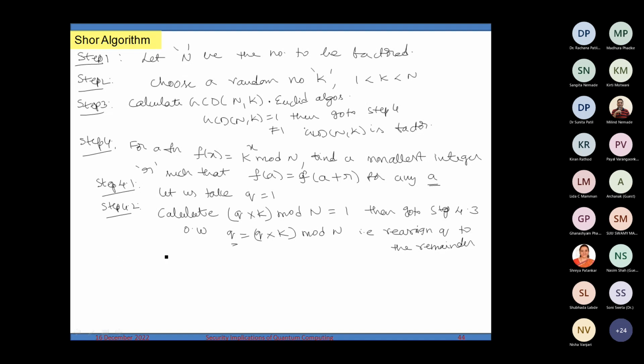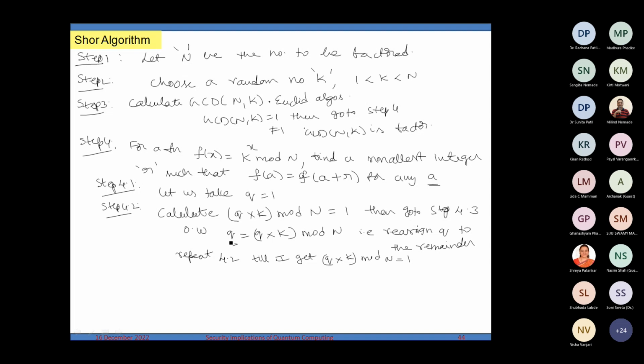Then I repeat this step 4.2 till I get q into k mod n equal to 1. Once I get that, I go to 4.3.